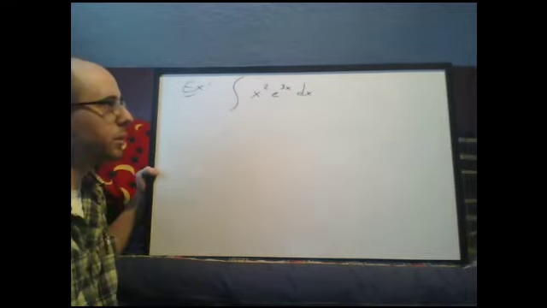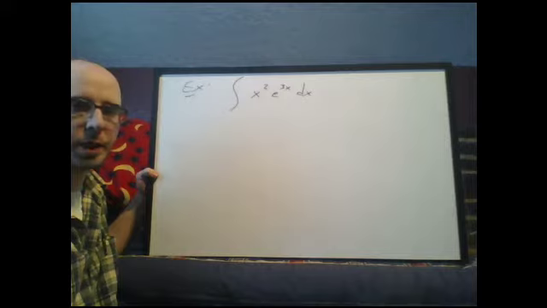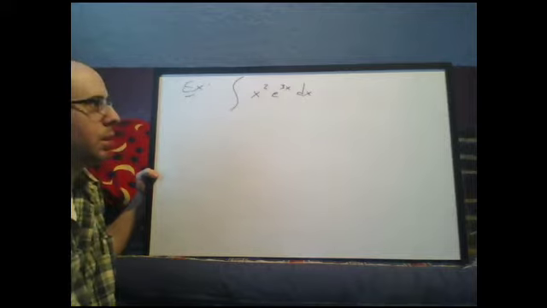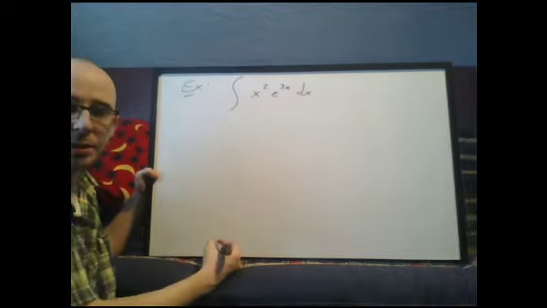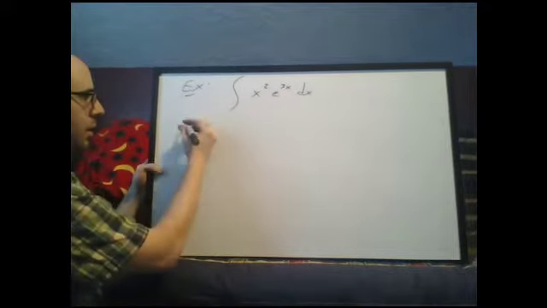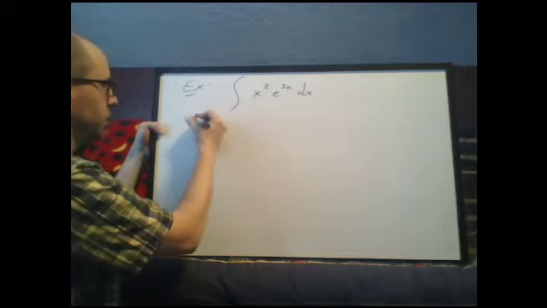So the integral of x squared times e to the 3x dx. Again, this is a product, so integration by parts seems appropriate. Let's make our choice.